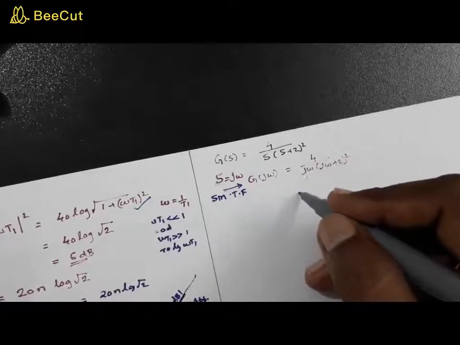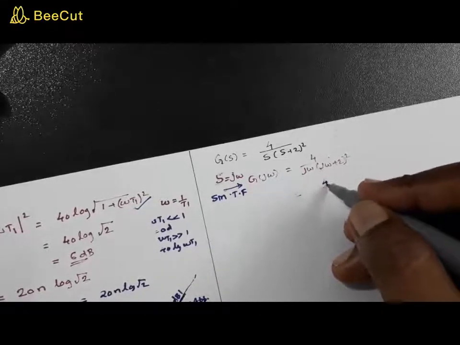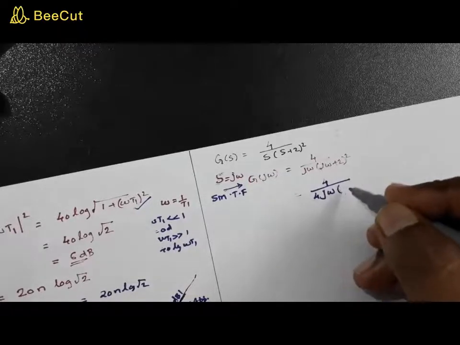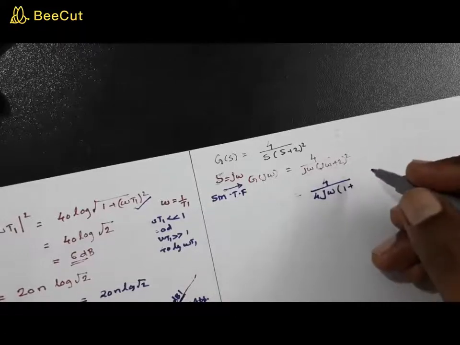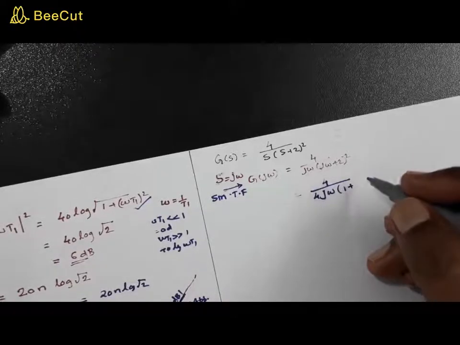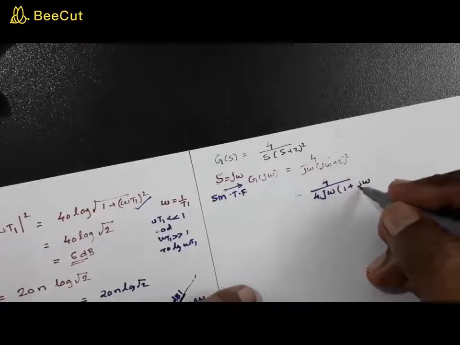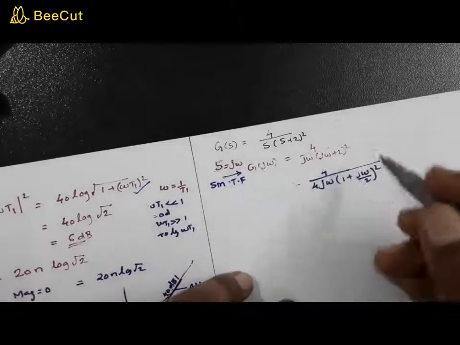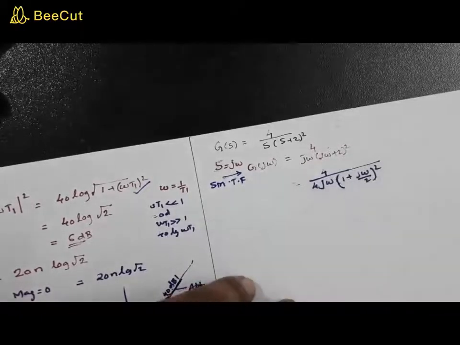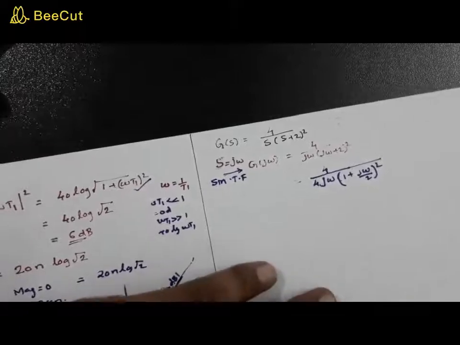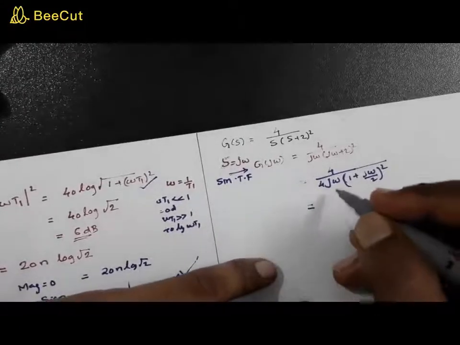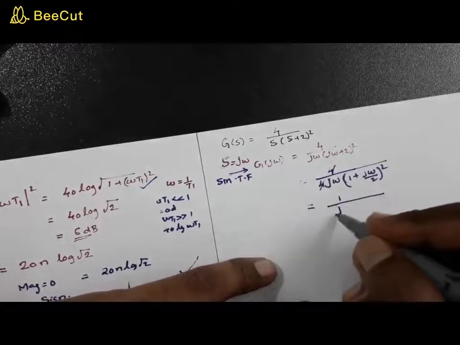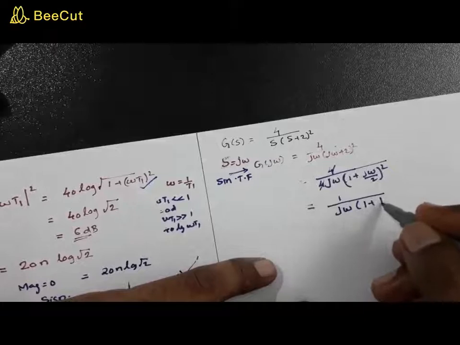For that, you must take the constant out. It will be 4 into 4 j omega into (1 plus j omega by 2) the whole square. When you take 4 outside, you get like this, and the 4 and 4 get cancelled, so this becomes 1 by j omega into (1 plus j omega by 2) the whole square.